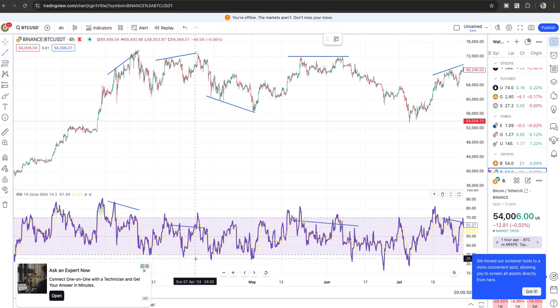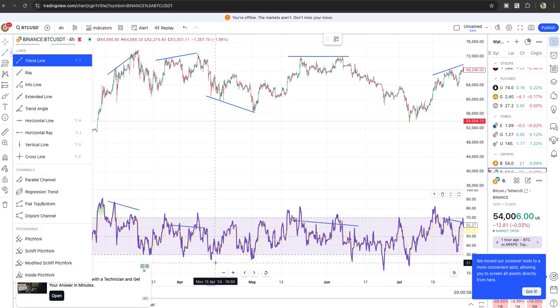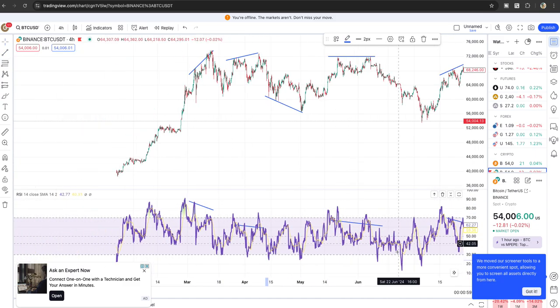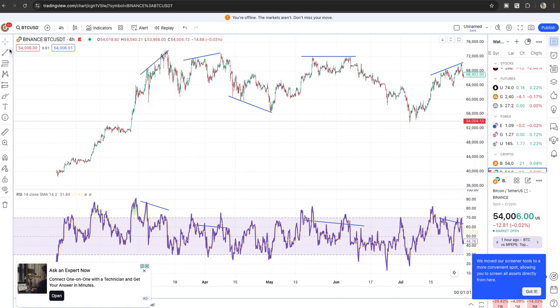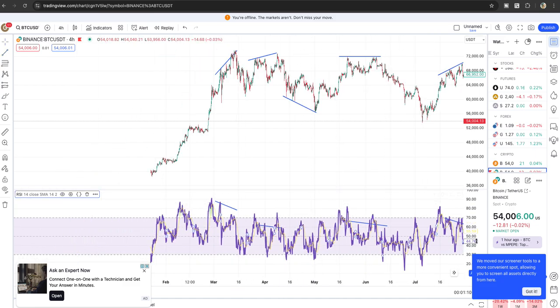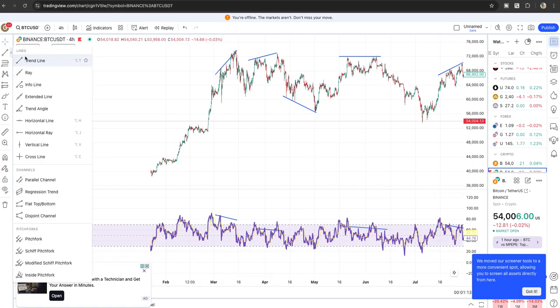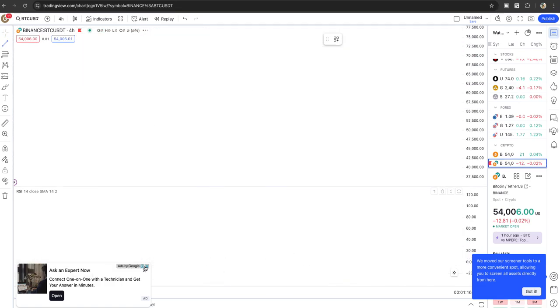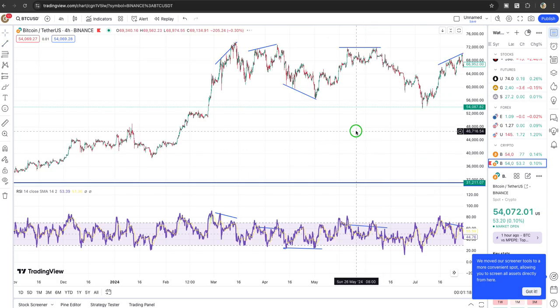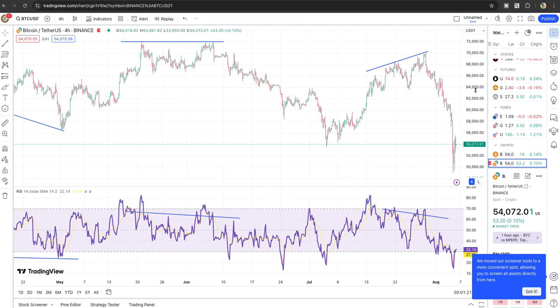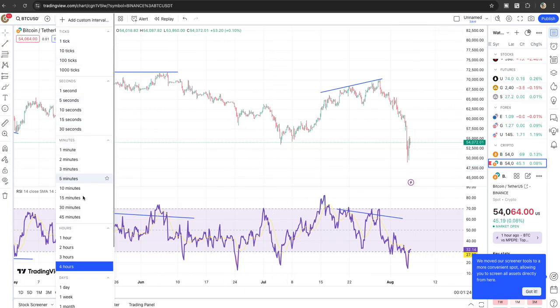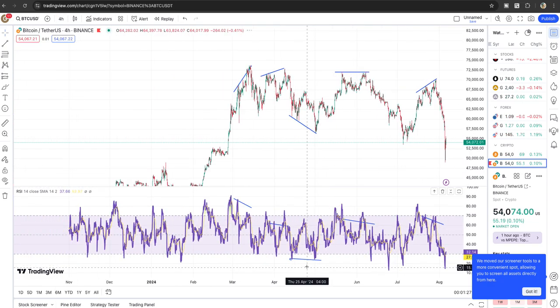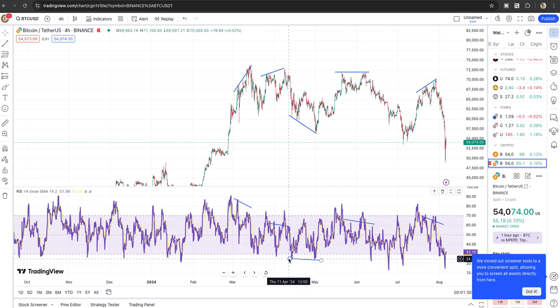It means, and also RSI shows some type of... I'm sorry, something is wrong with the RSI, I cannot draw here. Anyway, let's move back to the other place. I think there is some error in my trading platform. Okay, I think that's fixed now.